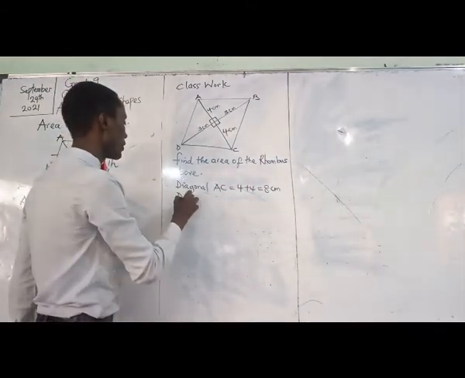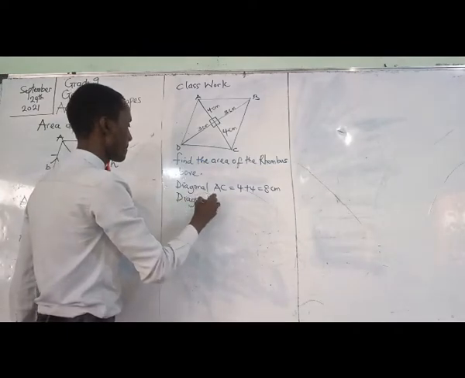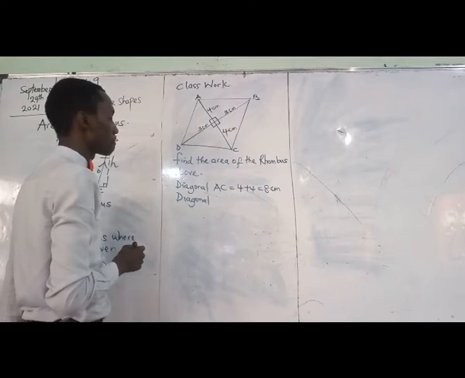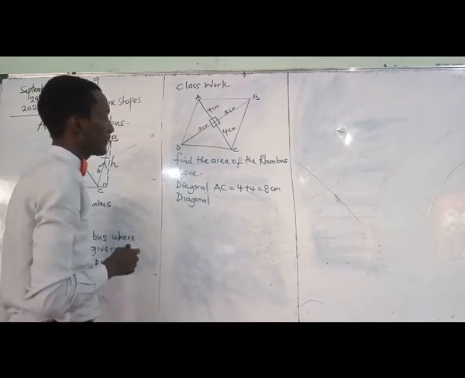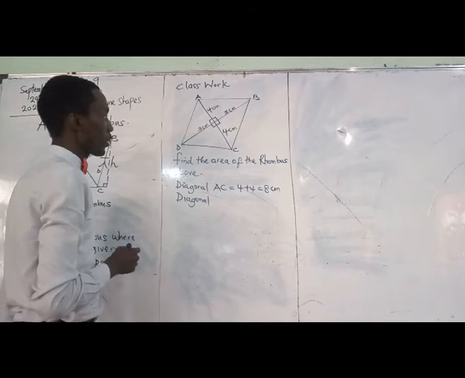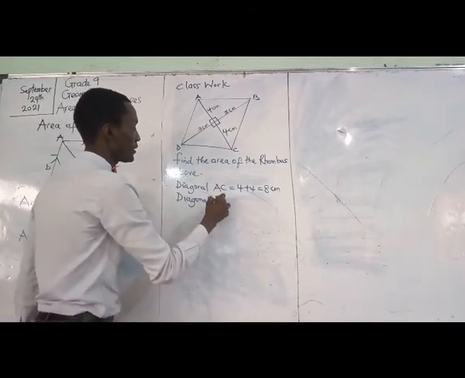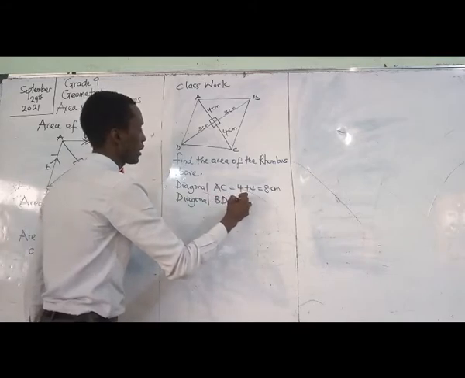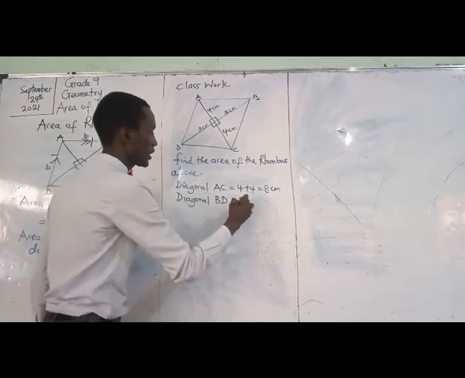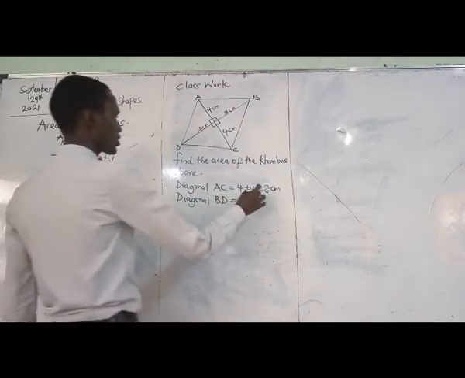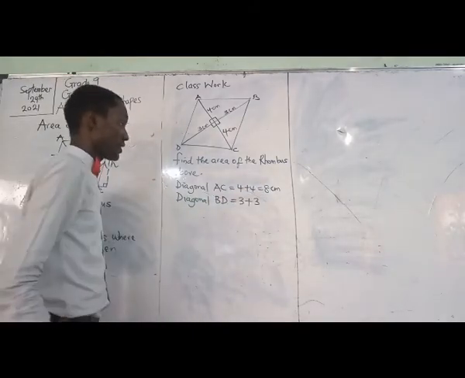Then we look at diagonal, what do you call it? Diagonal what now? BD. 3 plus 3. This looks odd. Let's switch them.